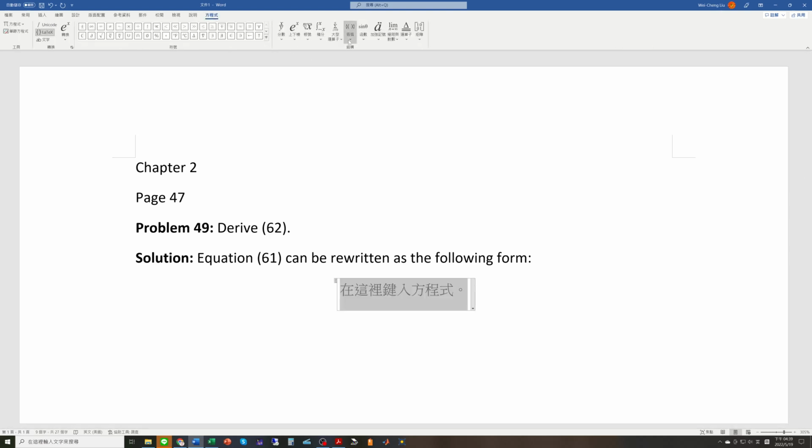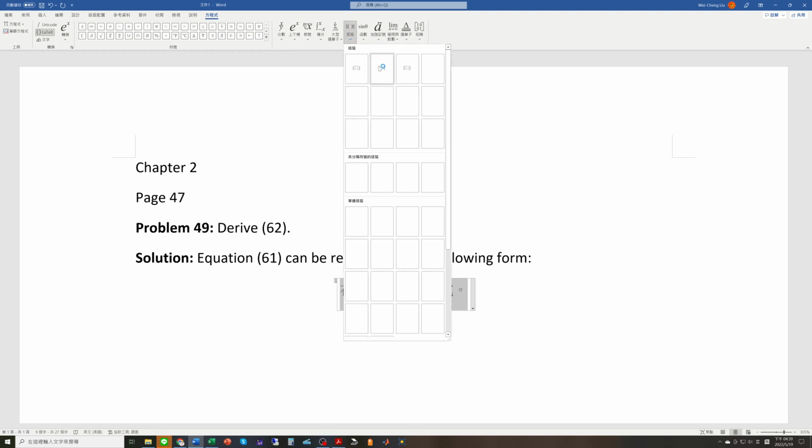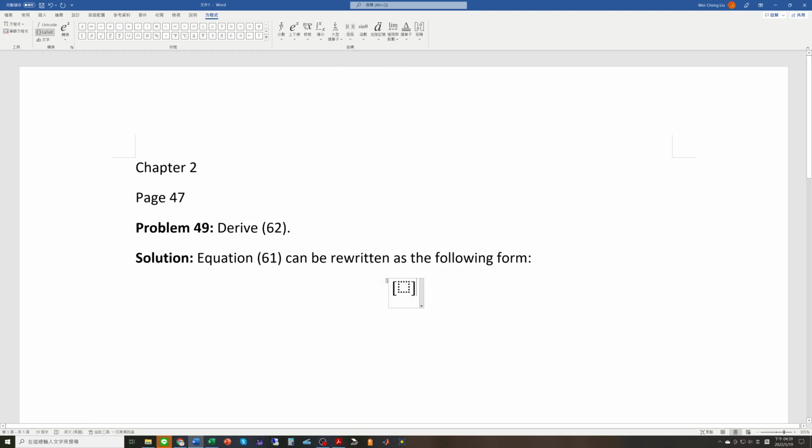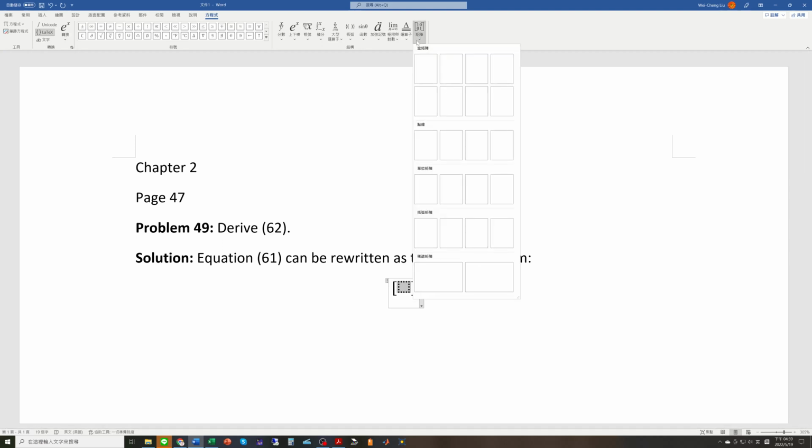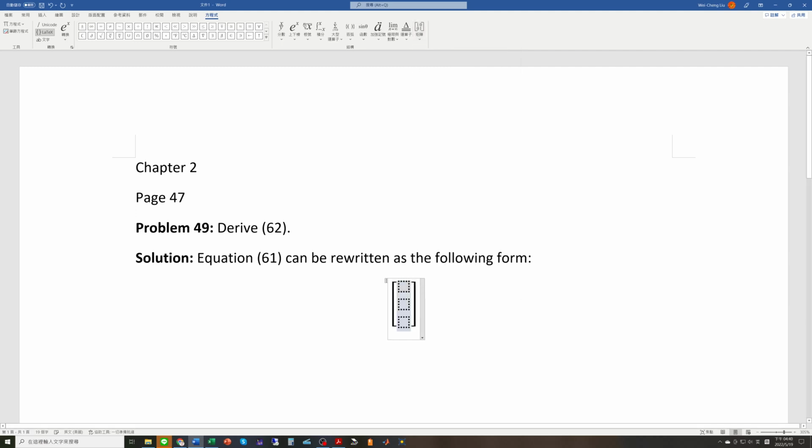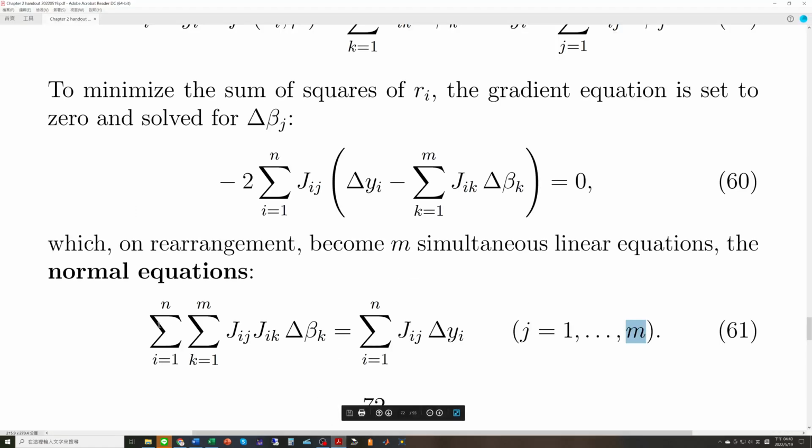I need brackets, and insert 3 boxes. The first term should be summation i is equal to 1 to n, summation k is equal to 1 to m, capital Jij, capital Jik, delta beta k, where j is equal to 1.